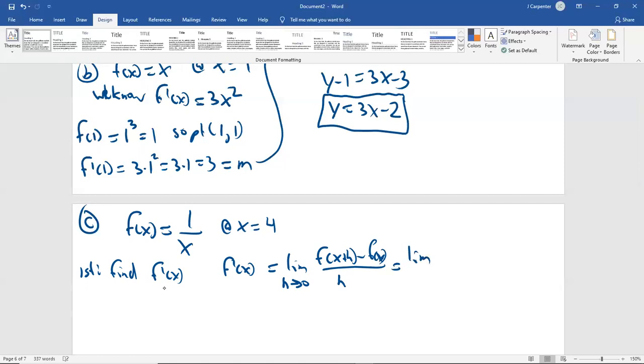Now f of x plus h, this x is in the bottom, so it's 1 over, and the x turns into an x plus h. This right here is the f of x plus h. Then the minus f of x is the original function, 1 over x. Then the bottom of the main fraction is h.